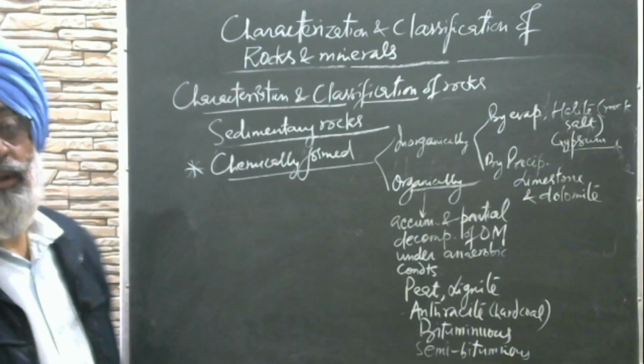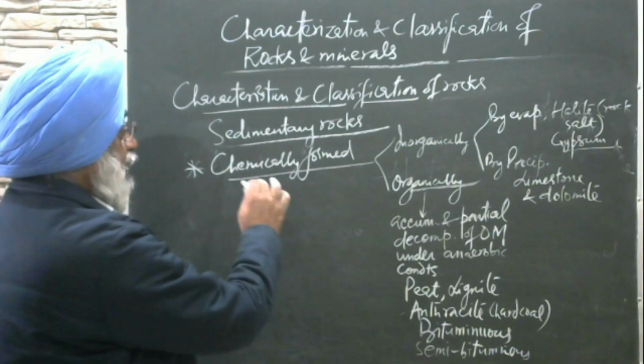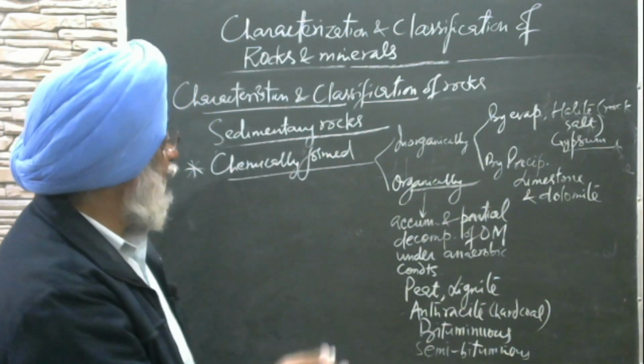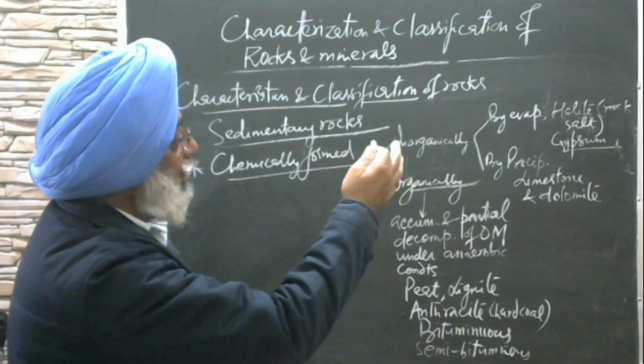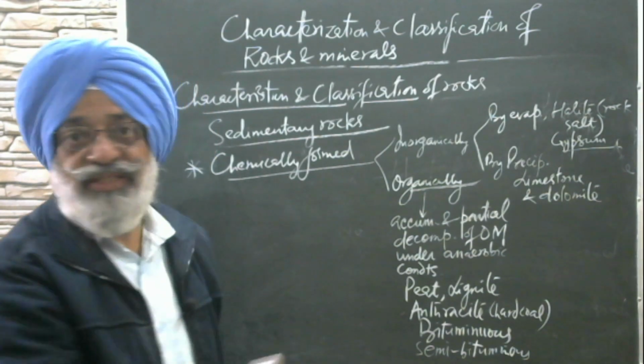So sedimentary rocks: fragmental, mechanically formed, which we discussed earlier, and chemically formed. Chemically again, it could be inorganically, organically. Inorganically, if it's due to evaporation, then you have halite, what you call rock salt, and gypsum, that's calcium sulfate.